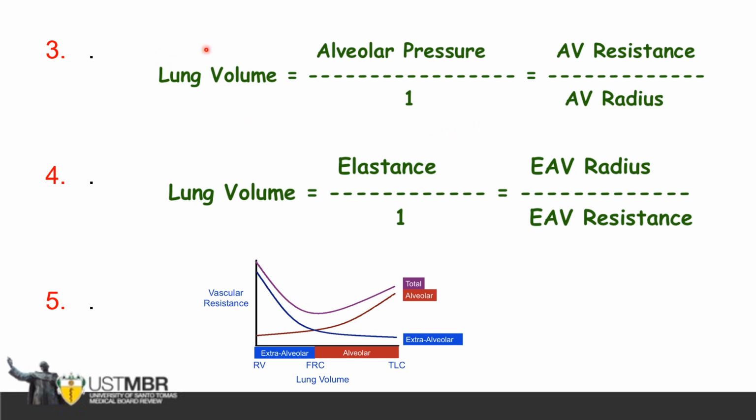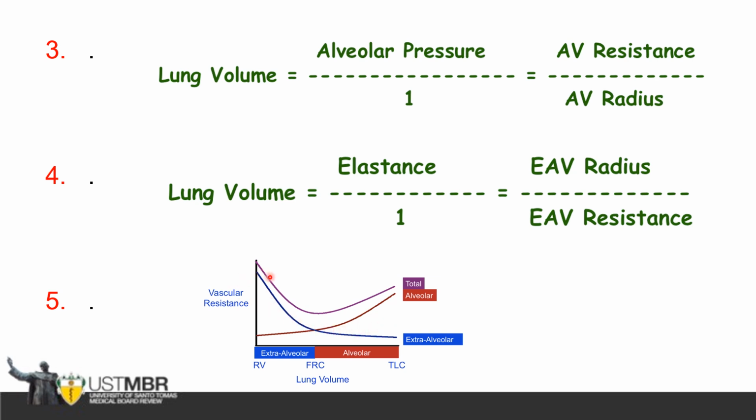The greater the lung volume, the greater the alveolar pressure, the lower is the alveolar vessel radius, the higher is the alveolar vessel resistance. The greater the lung volume, the greater the elastance, the greater is the extra-alveolar blood vessel radius, the lower is the extra-alveolar vascular resistance.